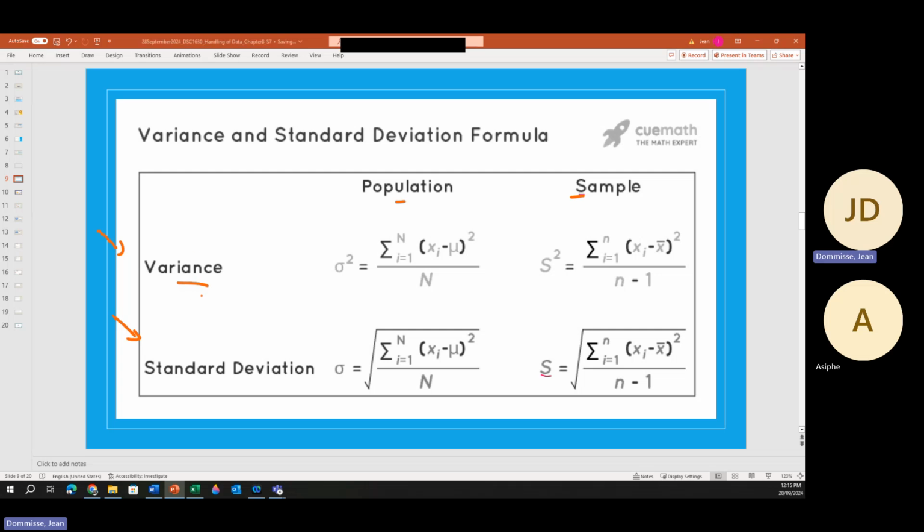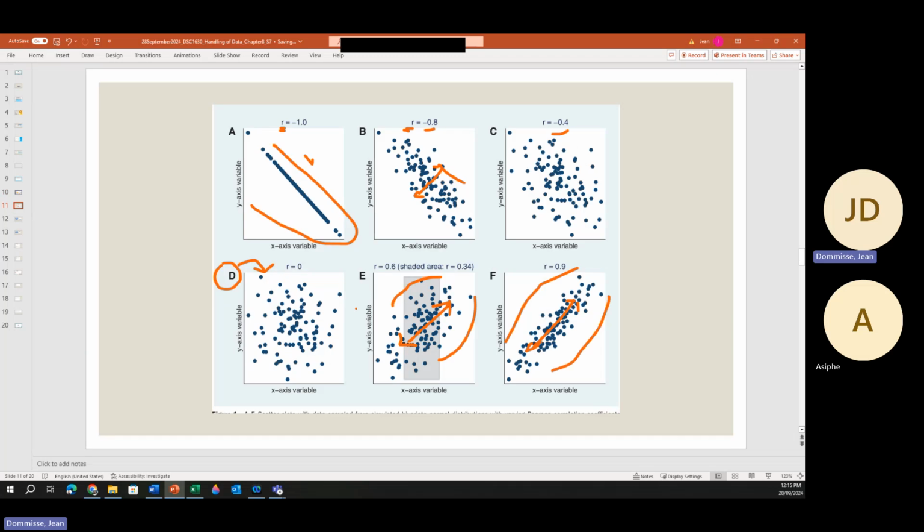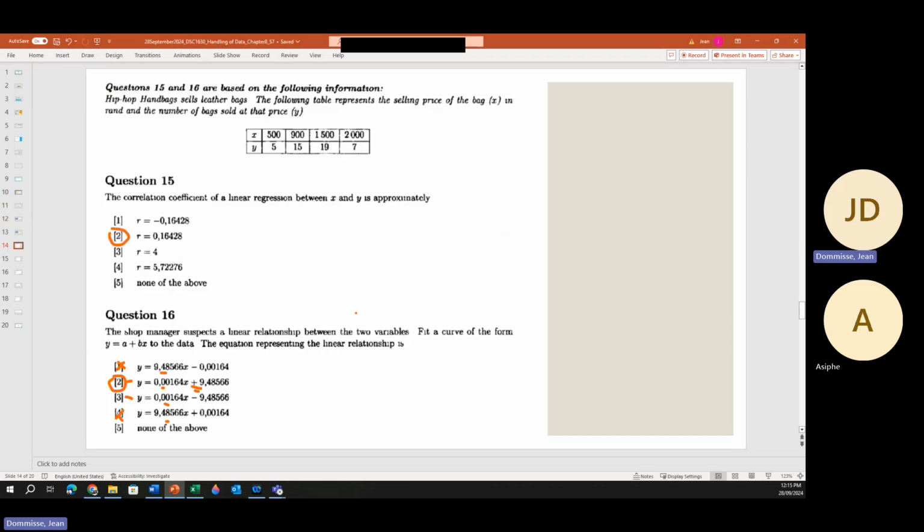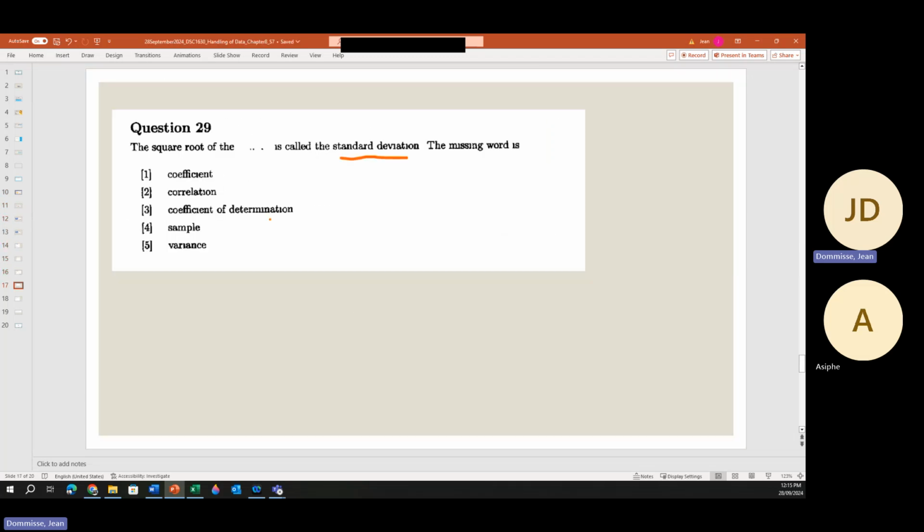It's the square root of the variance. And again, you are allowed to have all of these slides with you. So the square root of the variance is called the standard deviation. Coefficient, correlation coefficient, coefficient of determination, that we work with R, and then sample is just the N.